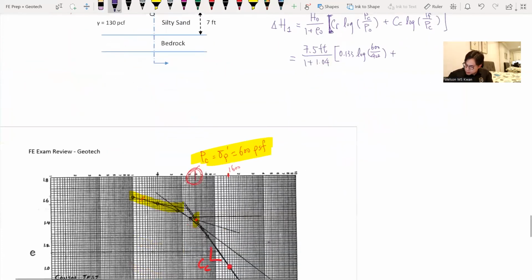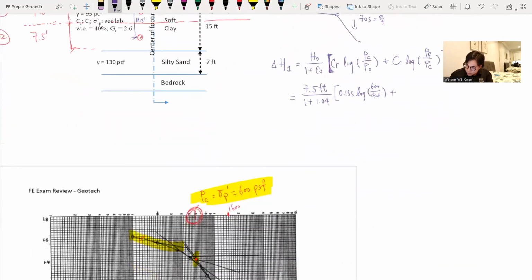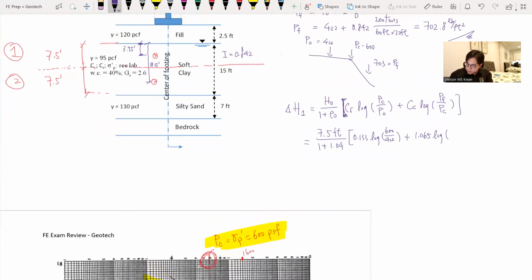C sub C we got is 1.05, times log of the final stress, again for this problem 703, over the maximum past pressure. Again, this is just the first sublayer. We put in all the numbers and got the settlement of the first sublayer is 0.343 feet.